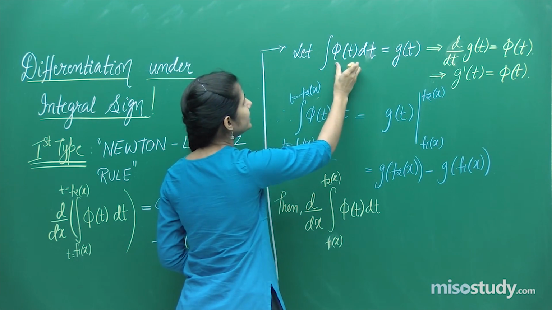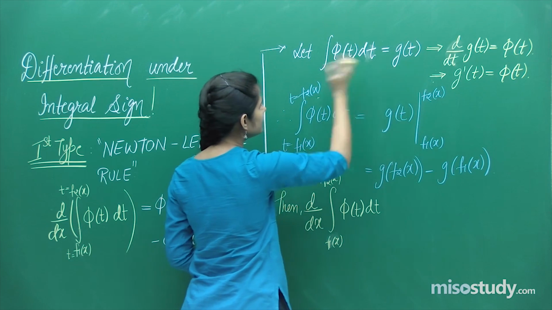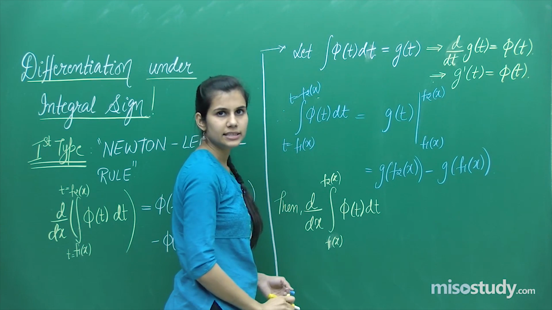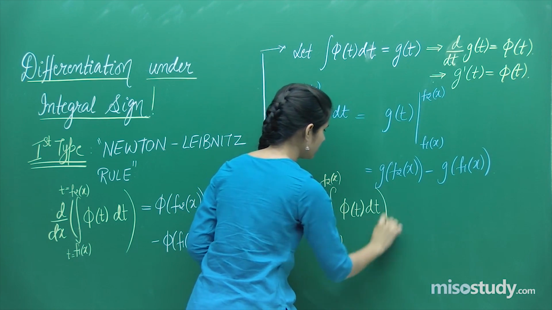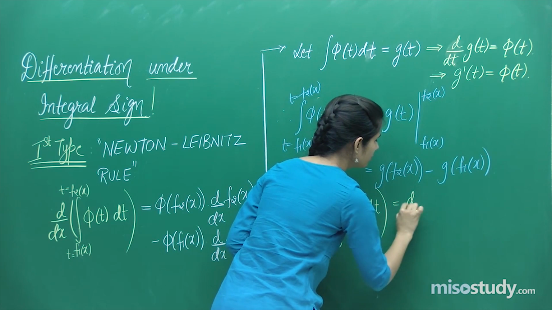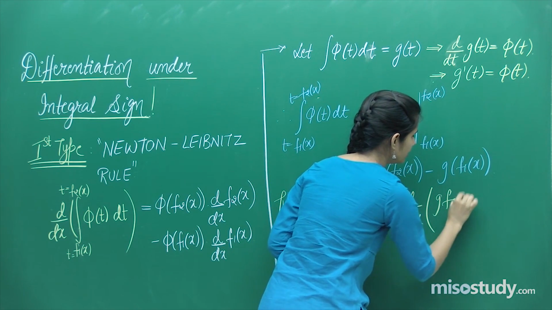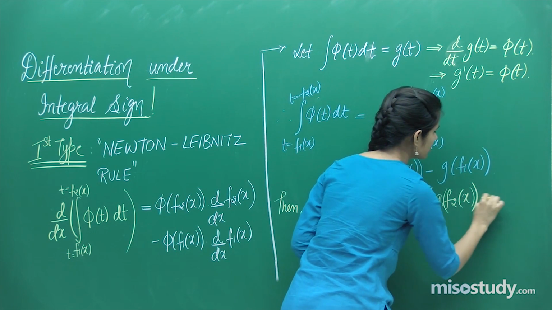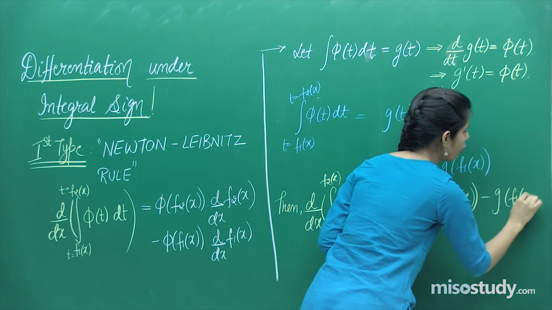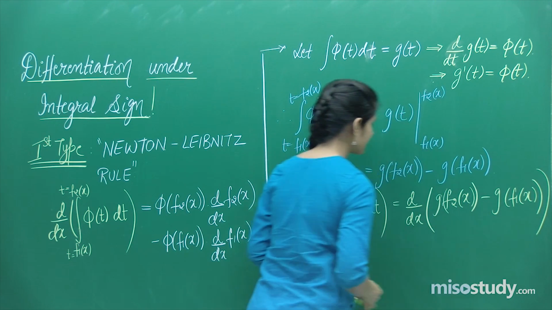First it was phi(t), then the integral of phi(t), one antiderivative, then with the limits, then with the differentiation sign. This is equal to d by dx of G of f2(x) minus G of f1(x).